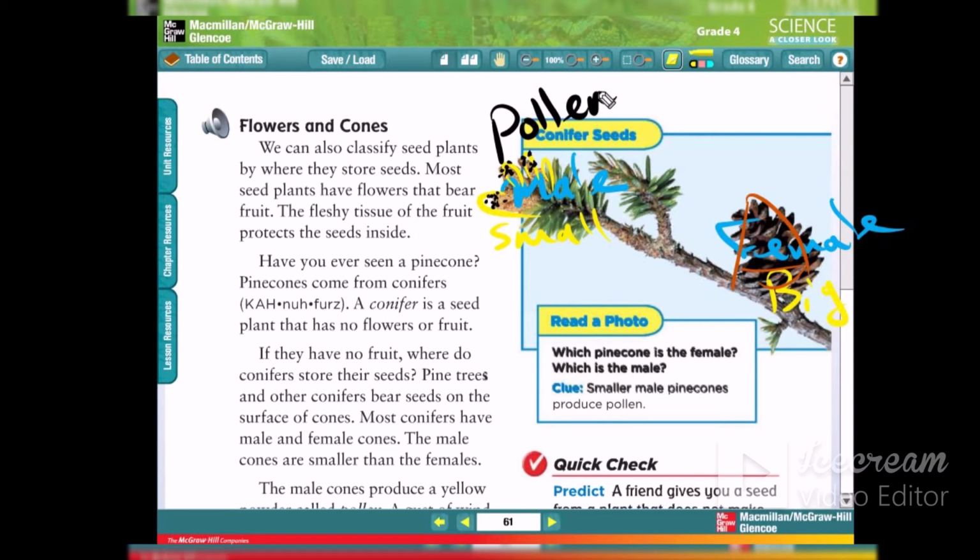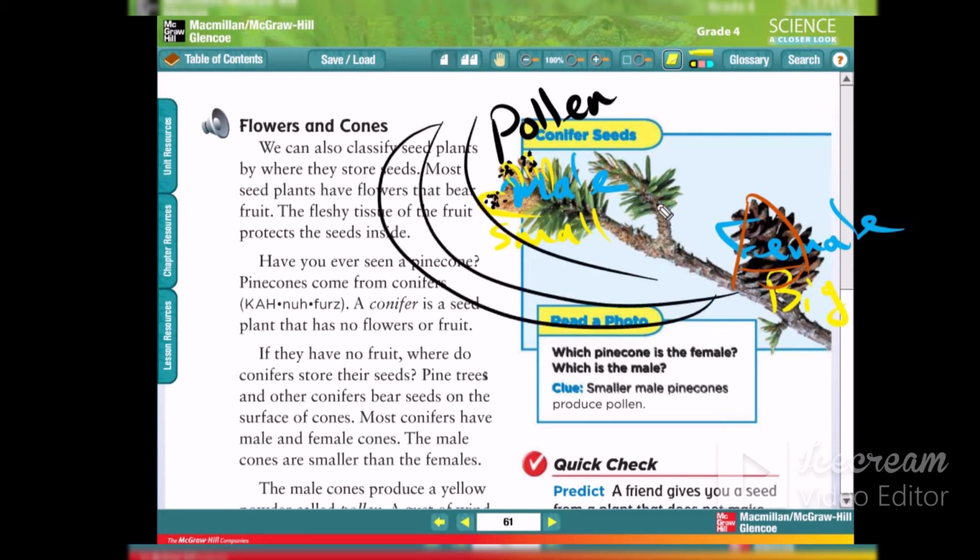When the wind comes, a lot of wind comes, it will carry a lot of the pollen powder and go to the female and enter there. When the pollen powder comes inside the female, it produces seeds. By this way the seeds can be produced. That is the way to produce the seeds.